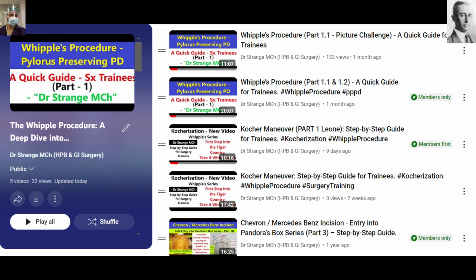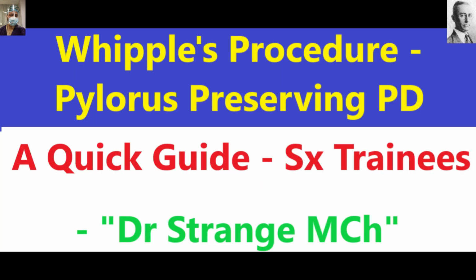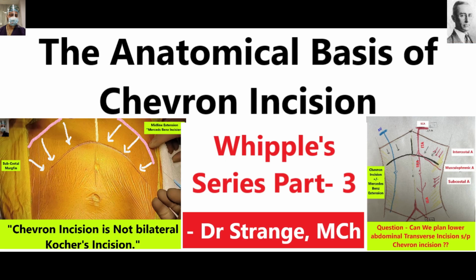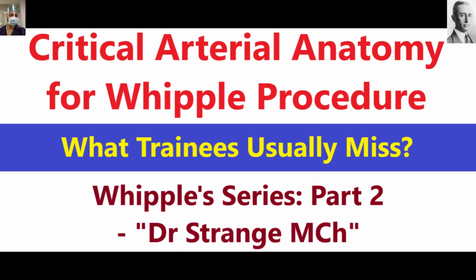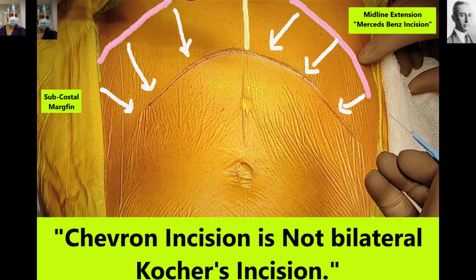And in addition to this PG video, we have already uploaded around 5 videos in the Whipple series, and you can watch all these videos on our app or on our YouTube channel. So from the basic to the advanced, we are gradually progressing.